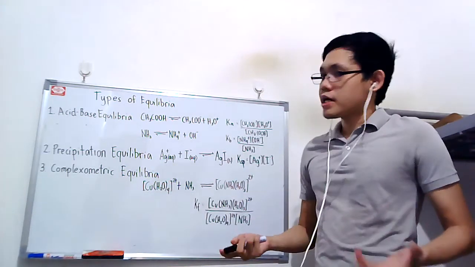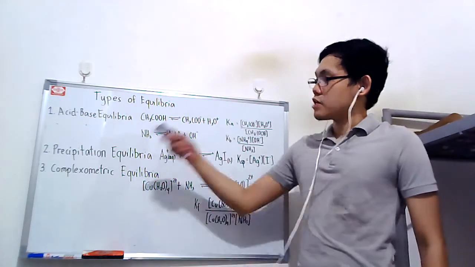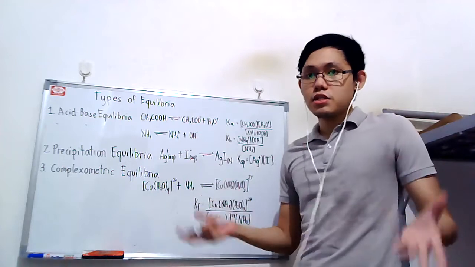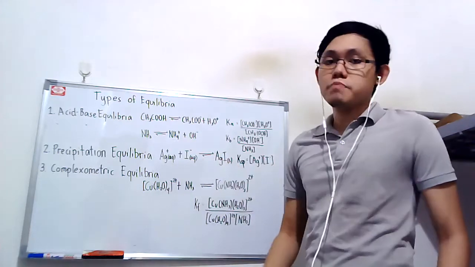So, ano ba yung pinagkaiba ng tatlong equilibria na to? So, sa acid-base equilibria, syempre, as its name suggests, you have acid and base species.